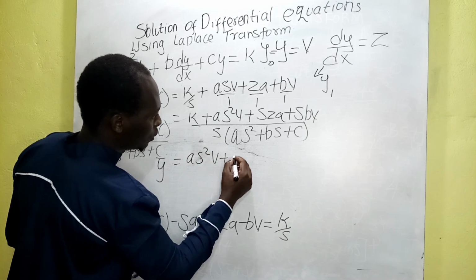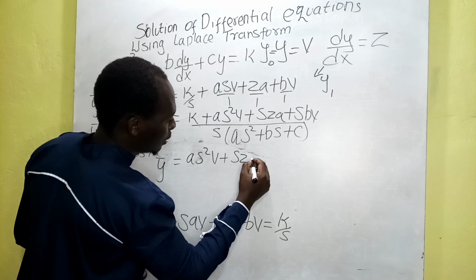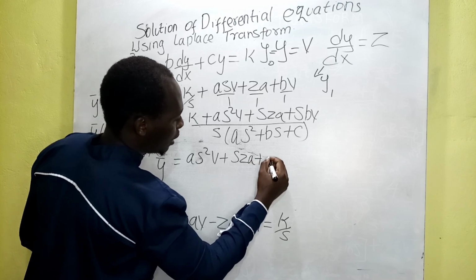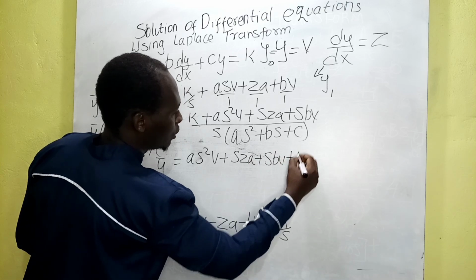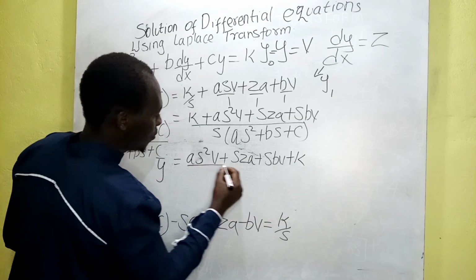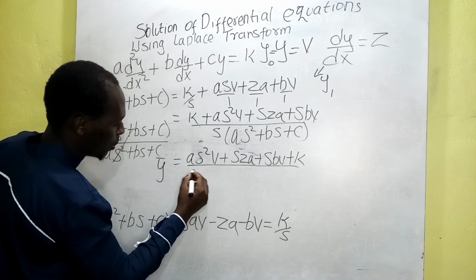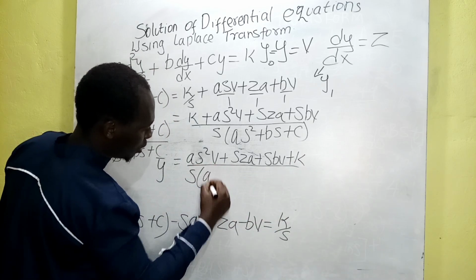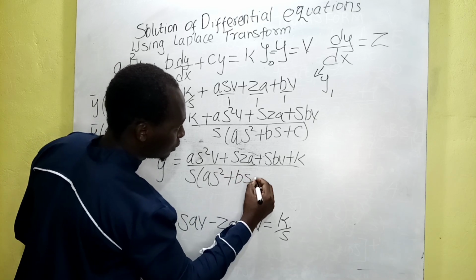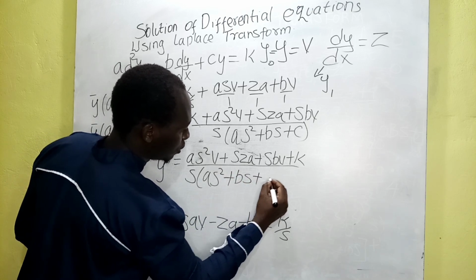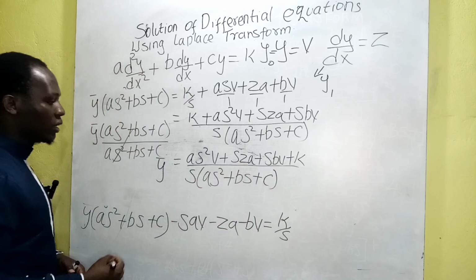We add to s z a. We add to s b v. We add to k. Everything all over s into a s squared. We add to b s. We add to c on our denominator.